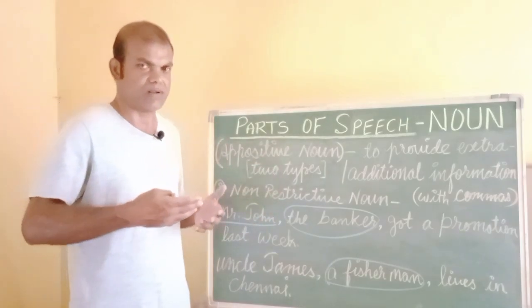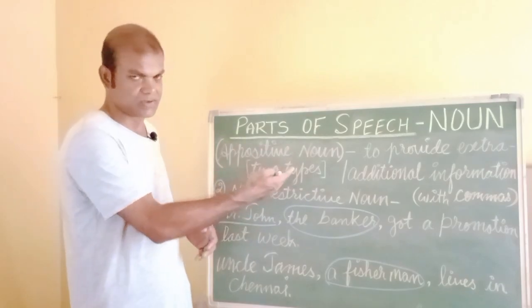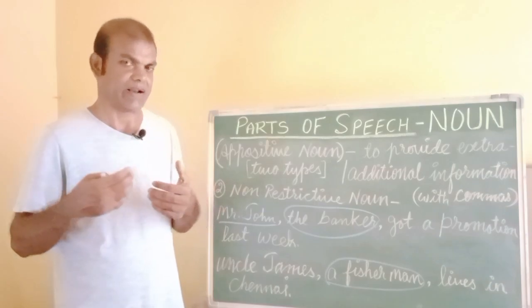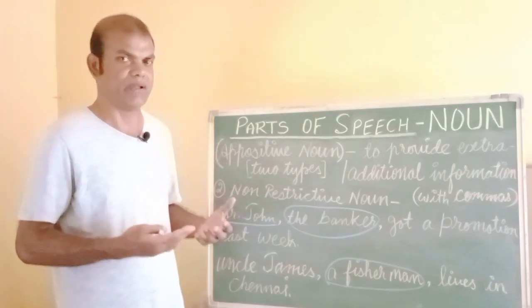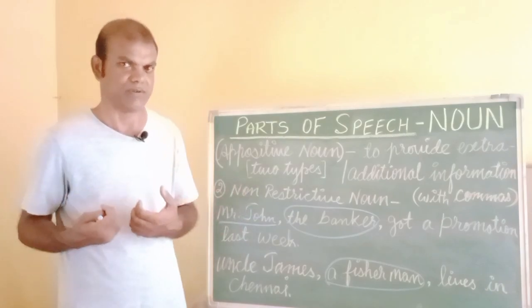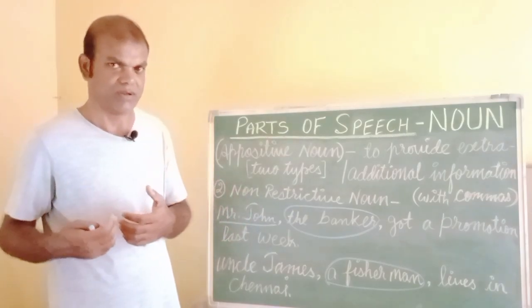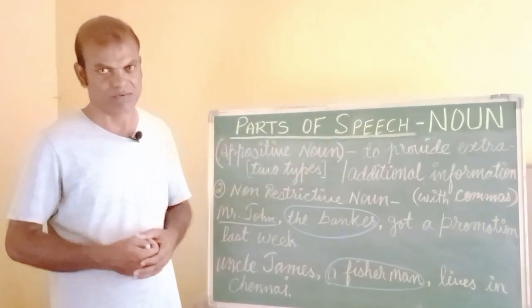Now to give extra information about that hotel, I am going to use the appositive noun at the end of the sentence. I ate lunch at the Hotel Maharaja, comma, the most affordable hotel in my neighborhood. Now the most affordable hotel in my neighborhood is the noun phrase. It is known as an appositive noun.